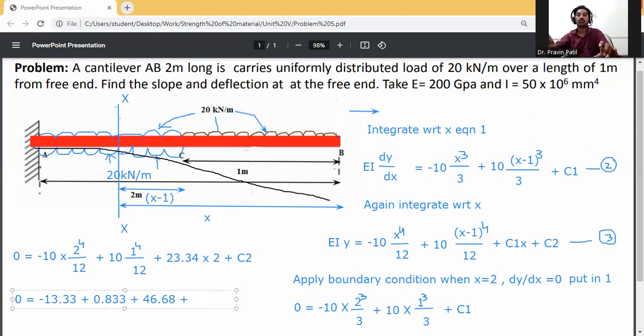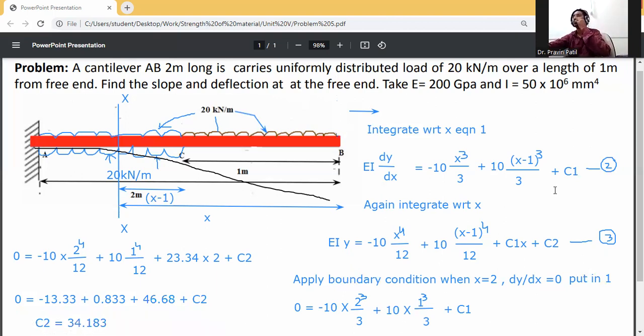So C2 is equal to minus 13.33 plus 0.833 plus 46.68, so C2 is 34.183, and C1 is 23.34.